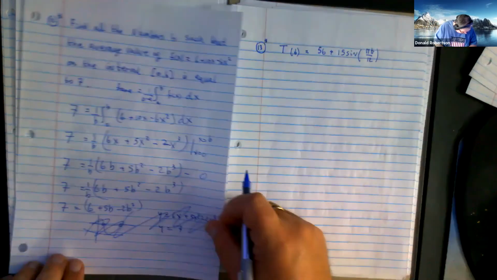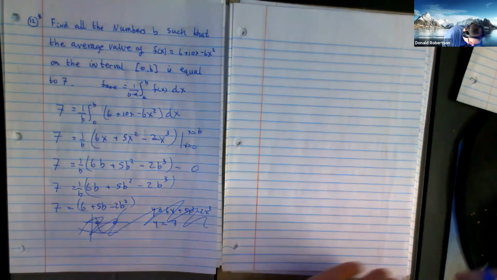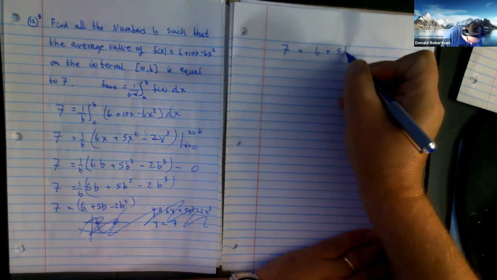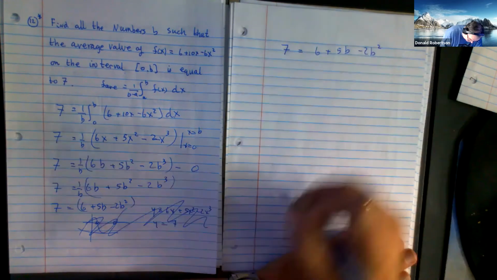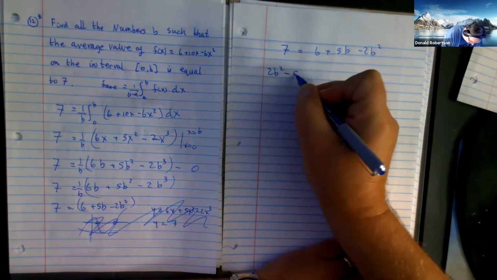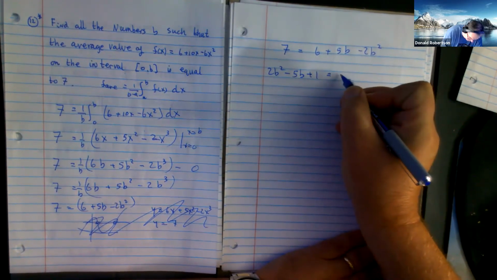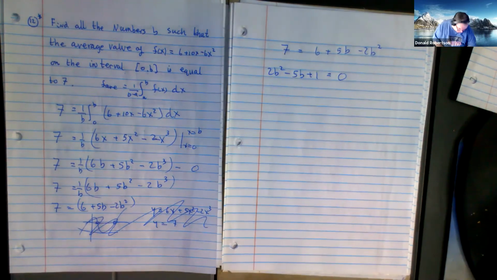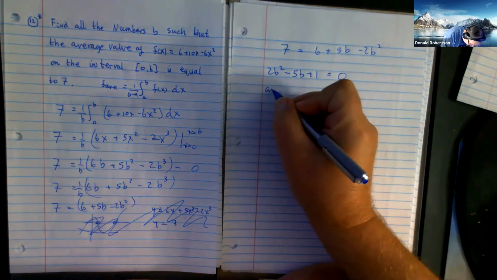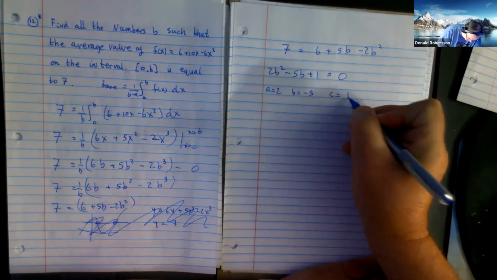That means that I don't need to do Desmos because I need to solve this equation. So if I add 2b squared to both sides, take away 5b from both sides, and take away a 6 from both sides, I get that guy. Quick check in case it factors. Nah, no such luck. Make that A, make that B, make that C.